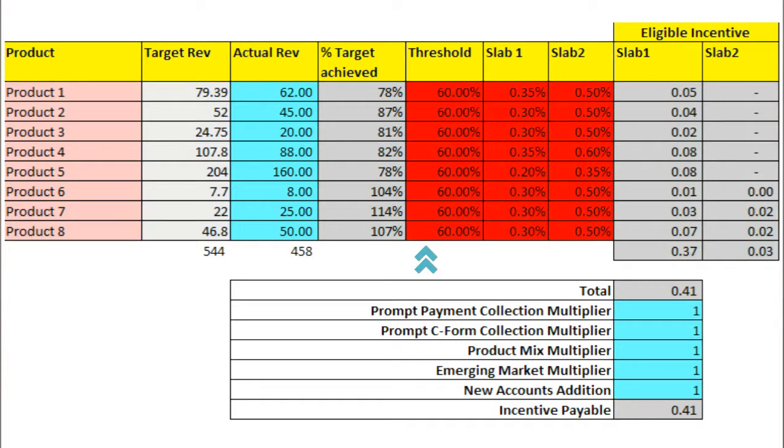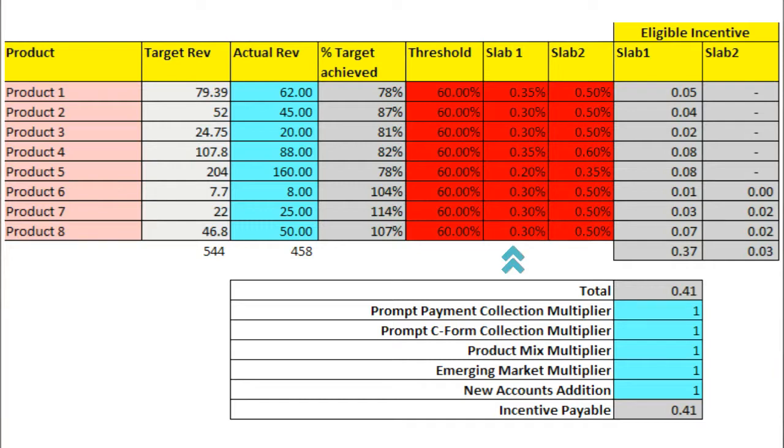So if you see the column called threshold, it talks about the threshold after which the person starts earning an incentive, which means if the target was 100 and he achieved 60, we decided that we would give him incentive on the 61st product that he sold. Similarly, we had two slabs. We called them slab 1 and slab 2.